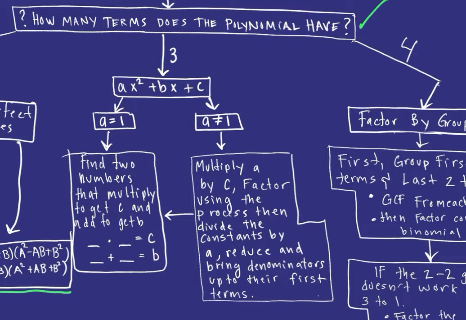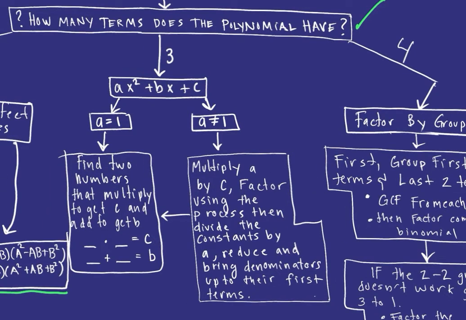Now, if the A term is not 1, I like to take my A term, multiply it by the C. Then we're going to factor using the process as if A was 1, which is this step right over here.